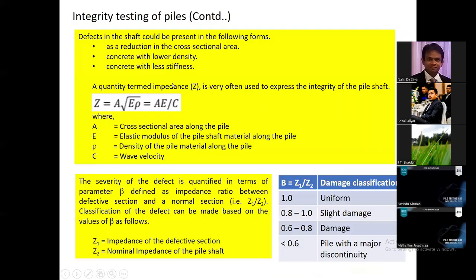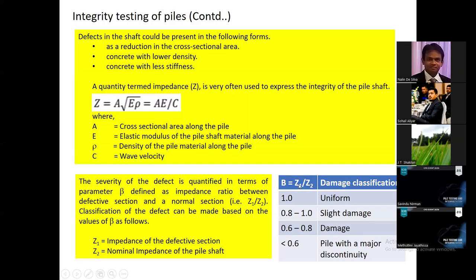Then let's discuss the other pile integrity tests, the non-intrusive methods. Pile integrity is quantified by using a parameter called beta. Beta is defined as the pile impedance ratio, Z1 over Z2.